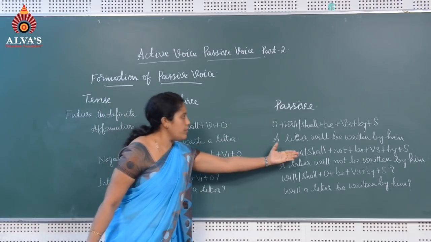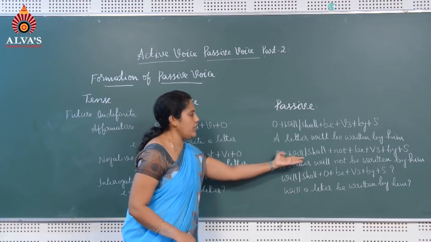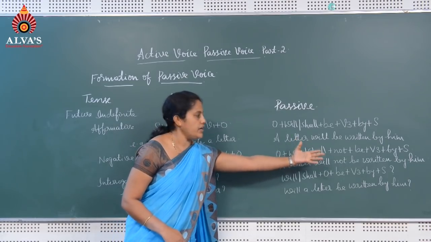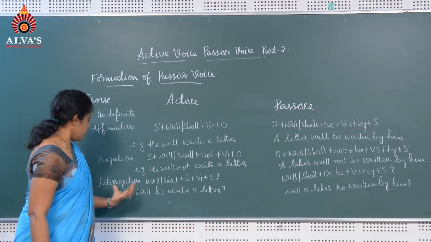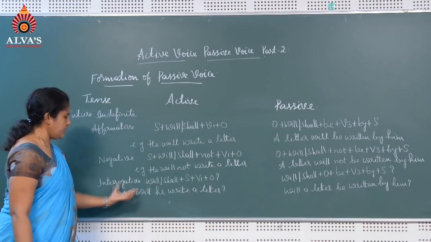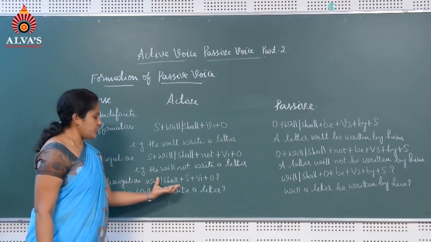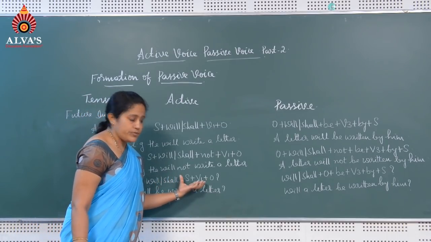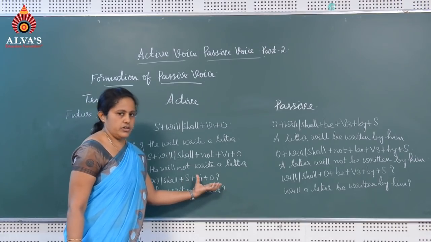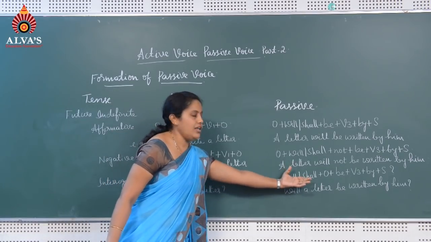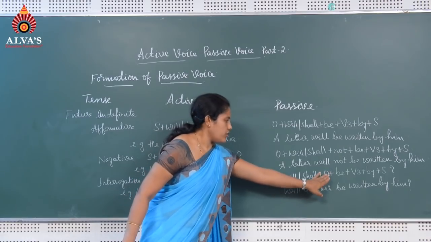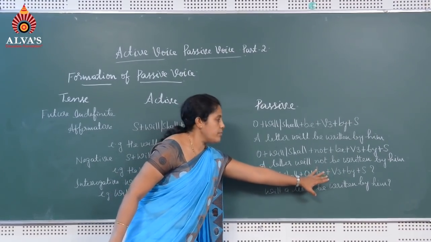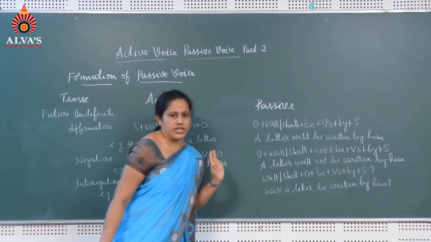When it comes to the passive voice, object will or shall not be V3 plus by plus subject. So, interrogative sentence formula is will or shall plus subject plus first form of the verb then object, and in passive, will or shall plus object be V3 form and by plus subject.